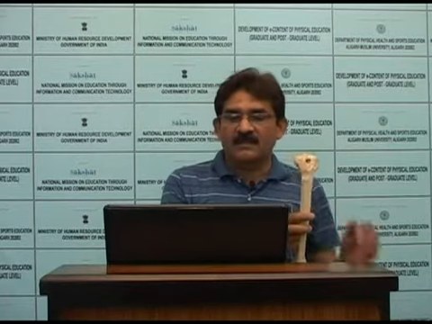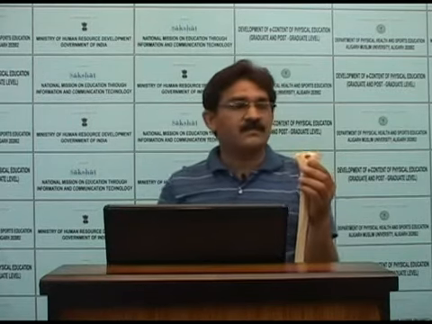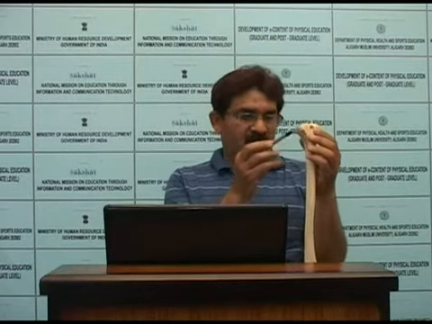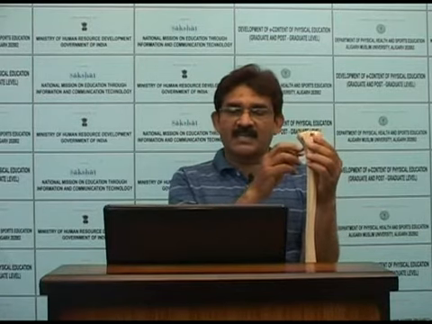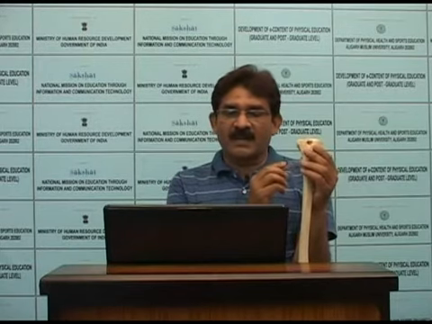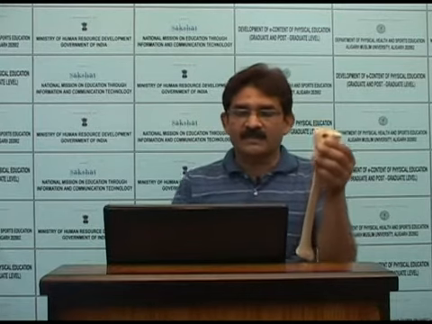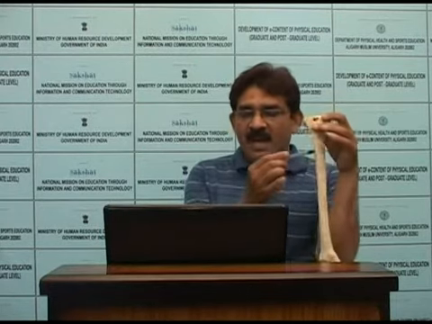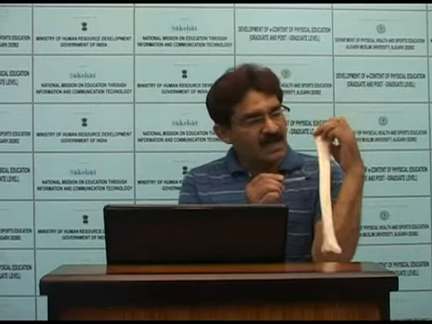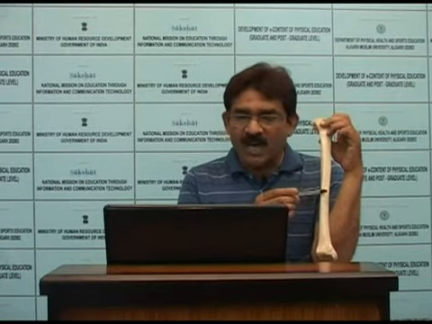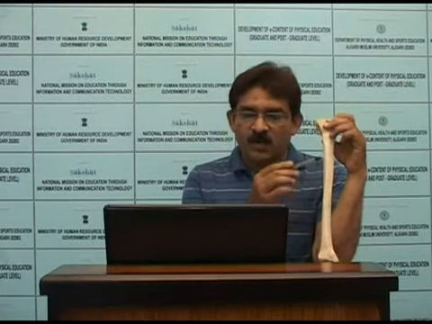At the upper end are the medial and lateral condyles and the intercondylar eminence, the fibular articular surface, and the tuberosity of the tibia. This is the shaft, with the anterior or sharp border and the soleal line.